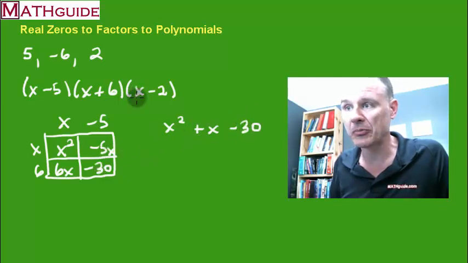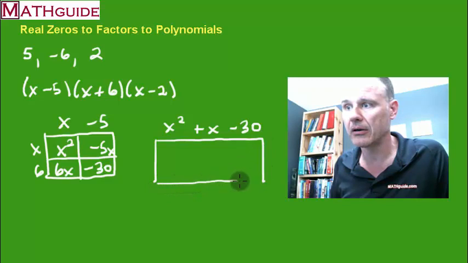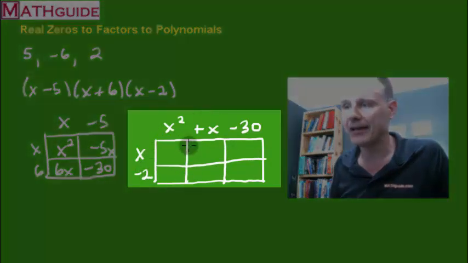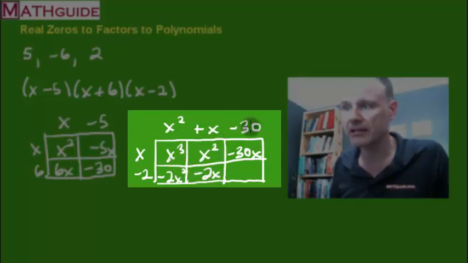But I want to take this and multiply it by x minus 2. So you make another table, and I'm just going to make this table bigger so I can squeeze all this information on here. Again, I'm multiplying columns times rows. So I get x cubed, x squared, minus 30x, negative 2x squared, negative 2x, and here I'm getting a 60.